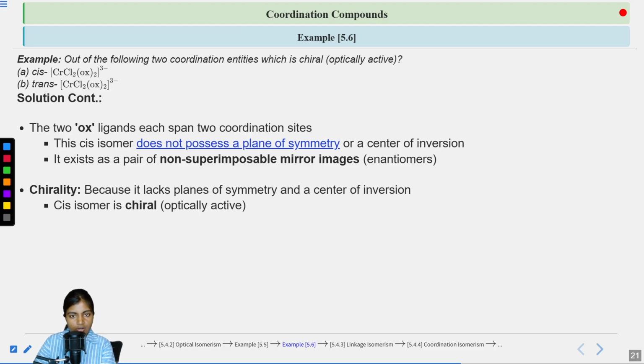Center of inversion comes when, around the center, if you go from the center a distance in any direction, you get a ligand, and in the similar opposite direction, if you go the same distance and you find the same ligand, then there will be a center of inversion. But here, in the cis isomer of this complex, it doesn't have a plane of symmetry or a center of inversion, both. That means it is chiral. This cis isomer is chiral. That means this is optically active.